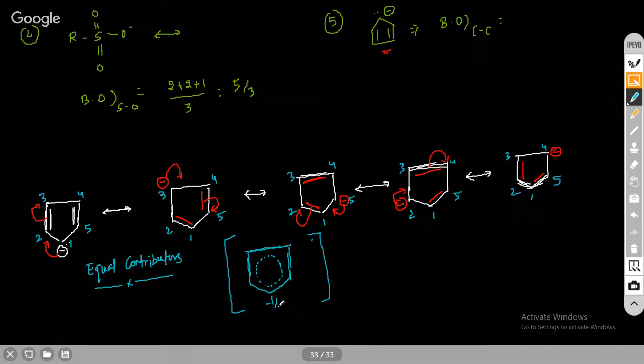So each carbon atom will have charge -1/5, -1/5, -1/5, -1/5, and -1/5. Right? So this is the real hybrid of this structure. Actual structure is this. All these are resonating structures. So when the charge distribution is equal over each atom present in the ring, then the resonating structures are said to be equal contributors. Is it clear?